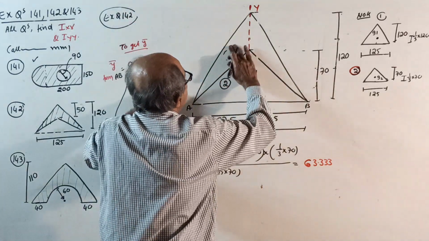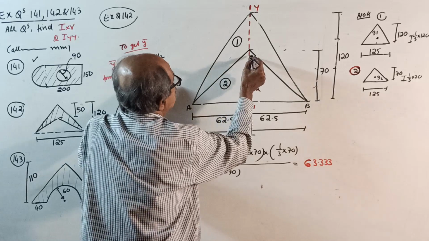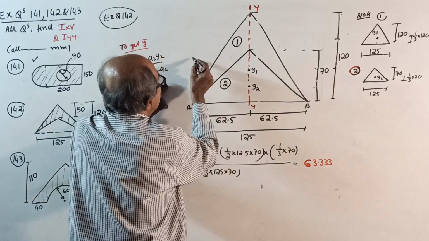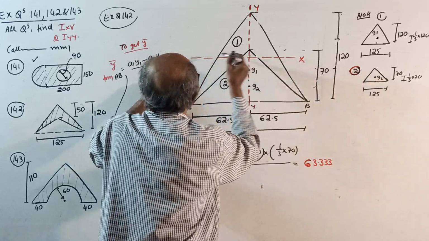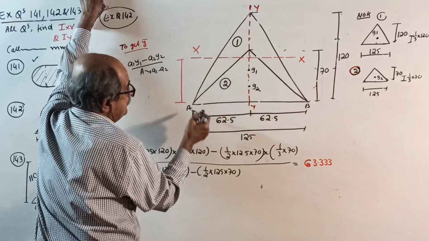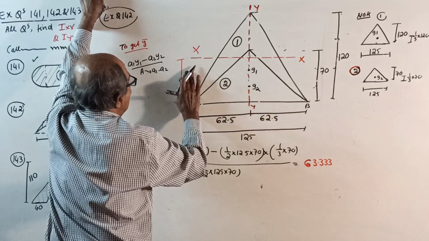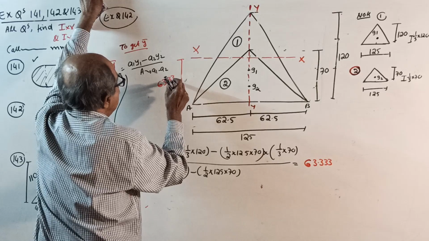So I will do one thing now: I will shift it here. Therefore your XX will come a little less than 70. This is your XX axis. From here to here is 63.333.